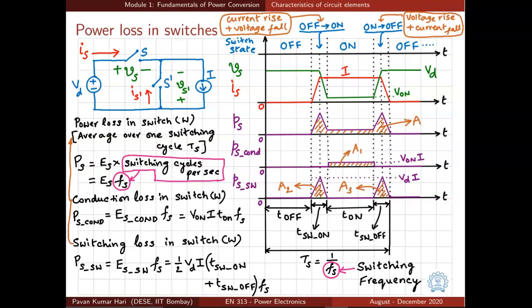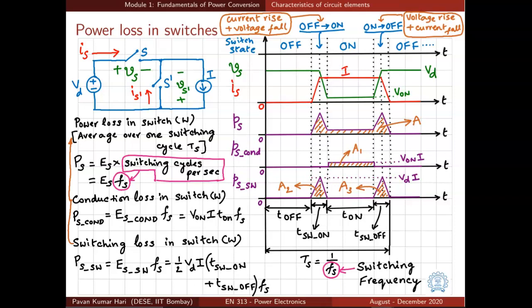So the average conduction loss in the switch is the energy lost in conduction in one cycle multiplied by the switching frequency Fs, which is V on into I T on into Fs. And the average switching loss in the switch in watts, which is PS underscore SW, is ES SW times Fs, which is half VD into I into TSW on plus TSW off times Fs.